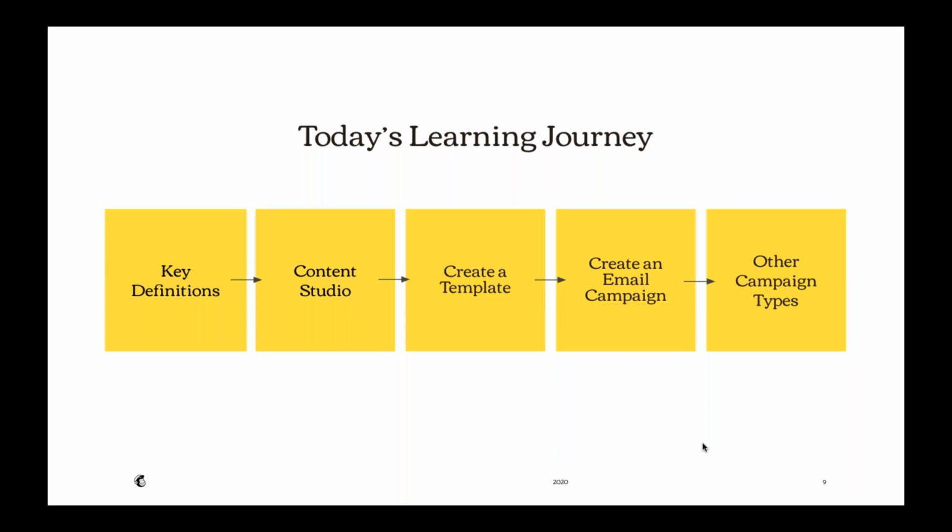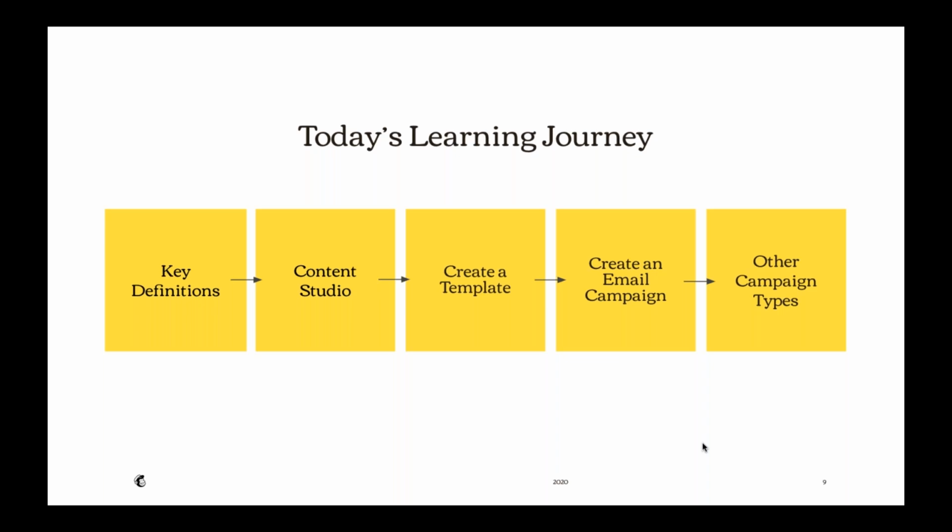We'll come back to this slide throughout the webinar to show you how far we've progressed and what's coming up. In this tutorial, we'll start by walking you through a few slides to get you familiar with key terminology around templates and campaigns. Then we'll head into the app, where we'll first introduce you to our Content Studio, a tool for storing your images and files in Mailchimp.